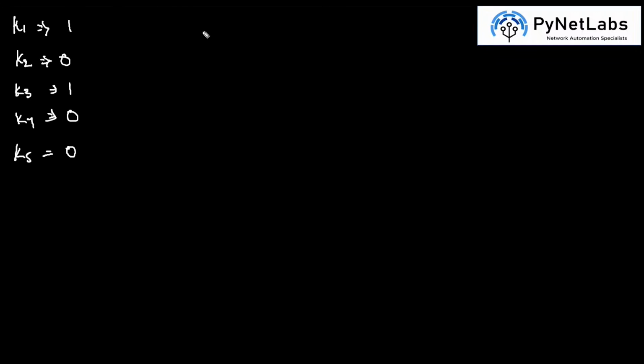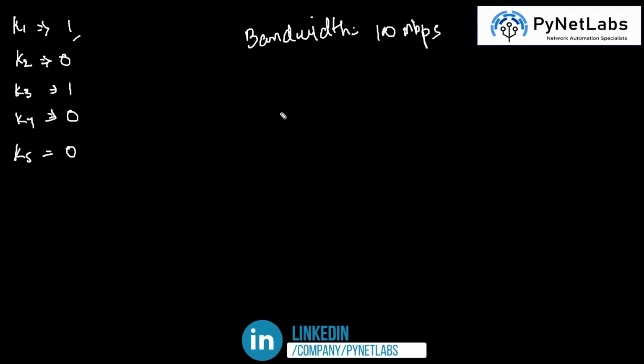That's not something which determines the bandwidth. If we talk about the 1 of K1, that's not something which determines the bandwidth, but instead if we have a bandwidth of 100 Mbps, this will be something like 100 multiplied by 1.